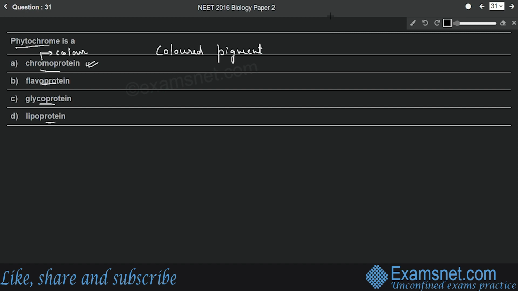And it helps in the perception of light by the plant, and in turn it helps in various activities of the plant such as seed germination, flowering, etc. So the correct answer is option A, chromoprotein.